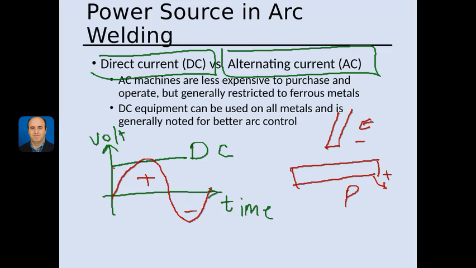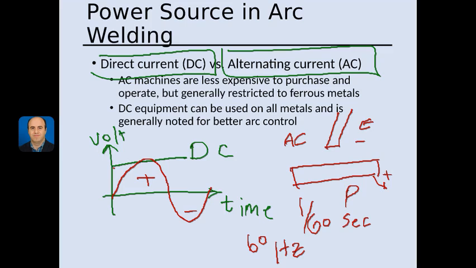But in AC, it does not matter, because the terminal is going to switch every 1/60 second. So the frequency is 60 hertz, right? Every 1/60 second, the terminal is going to switch between positive and negative.